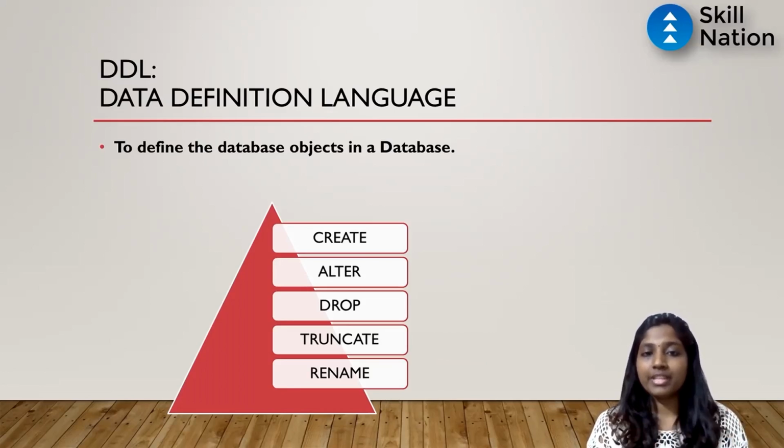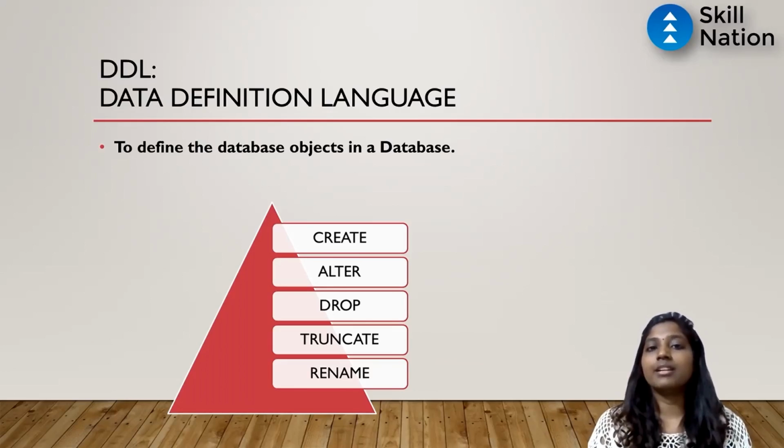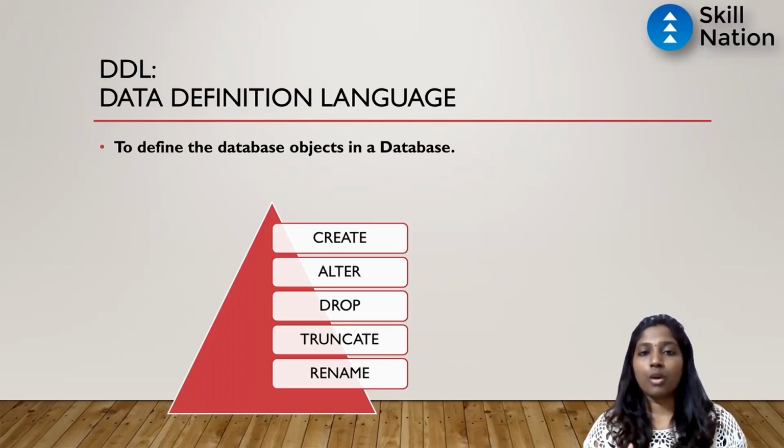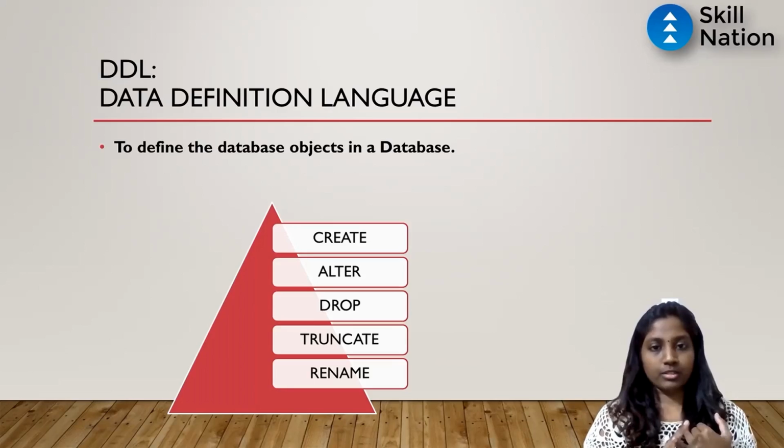To have a brief about data definition language, you should know that it is used to define the database objects inside a database. The types of statements used under DDL are nothing but create, alter, drop, truncate, and rename. Create statements are to create the database objects.